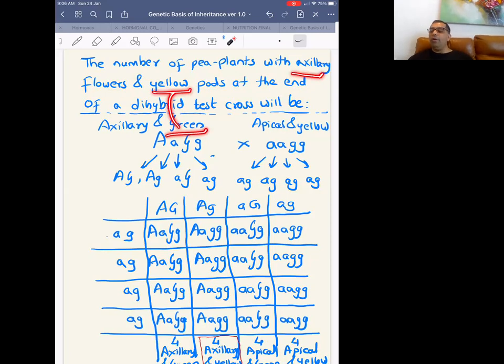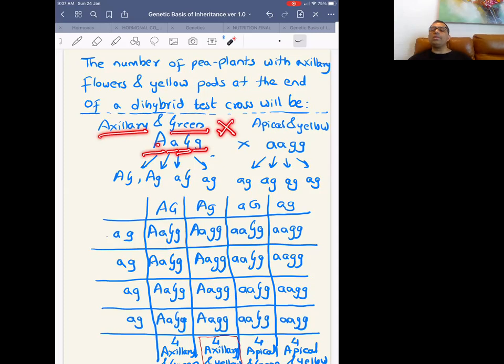So when we are talking of a dihybrid test cross, what will be a dihybrid test cross? You have capital A, capital A, capital G, small g, where capital A is axillary and capital G is green, because green is dominant over yellow, and it is crossed with a double recessive parent.